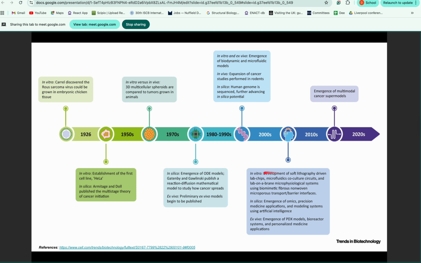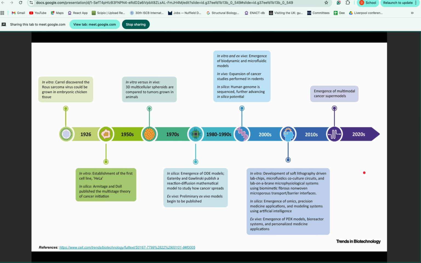Then after the 2000s, in vitro, development of soft lithography driven lab chips, microfluidic co-culture circuits, and lab on a brain microphysiological systems using biomimetic fibrous non-woven microporous transport barrier interfaces. In silico, emergence of omics, precision medicine applications and modeling systems using artificial intelligence. Ex vivo, emergence of PDX models, bioreactor systems and personalized medicine applications. And after the 2010s, emergence of multi-model cancer supermodels.